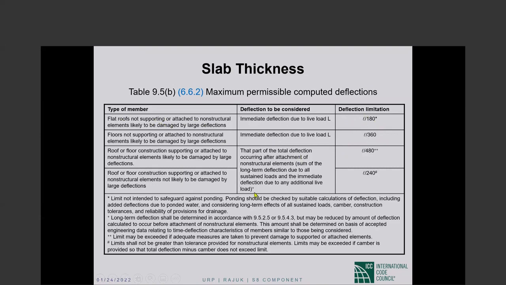The second set of limits applies to that part of the total deflection occurring after attachment of non-structural elements. So that would be the sum of the long-term deflection due to all sustained loads and the immediate deflection due to any additional live load. All of that we went over in discussing beams.